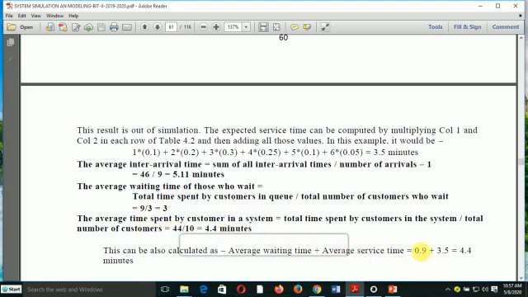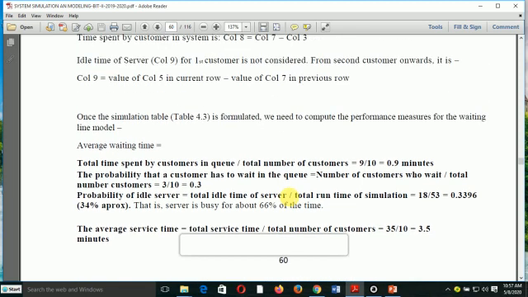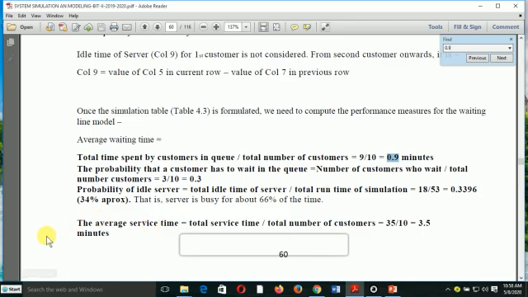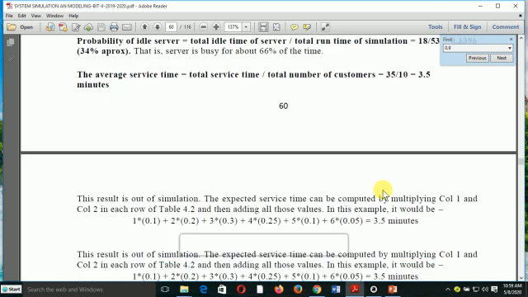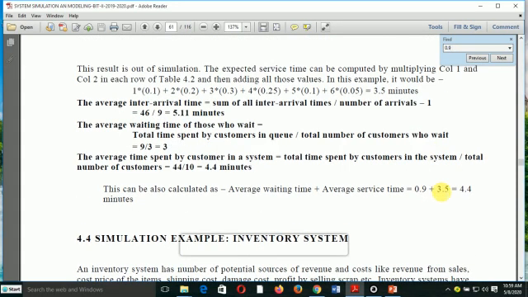So the average waiting time we got is 0.9, and we add the average service time.